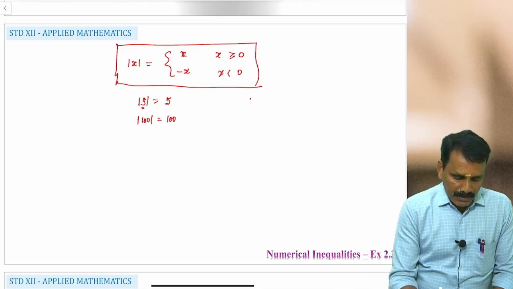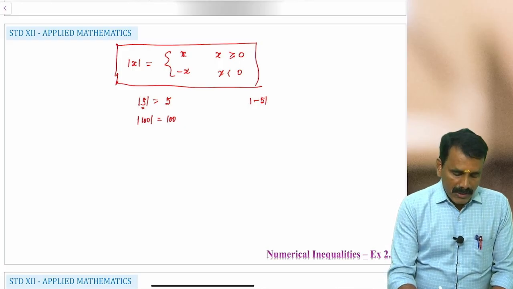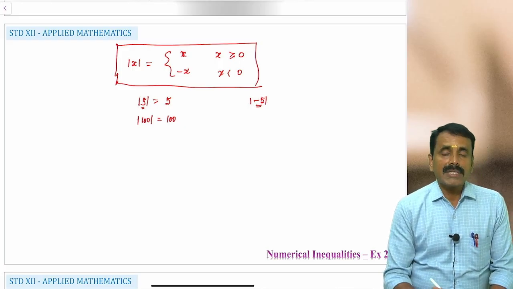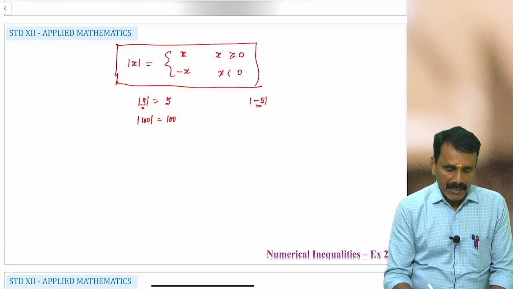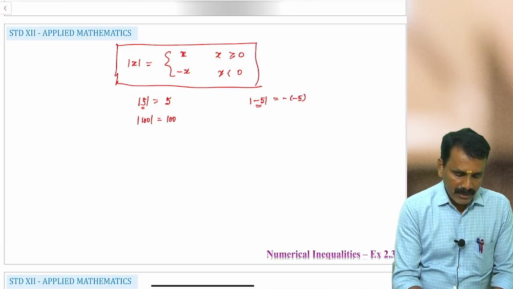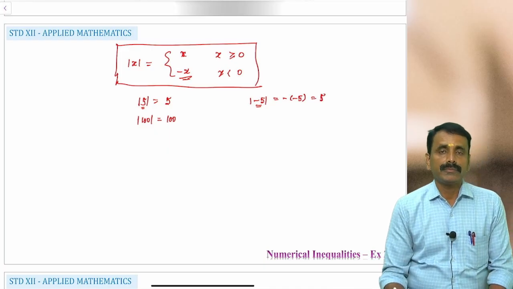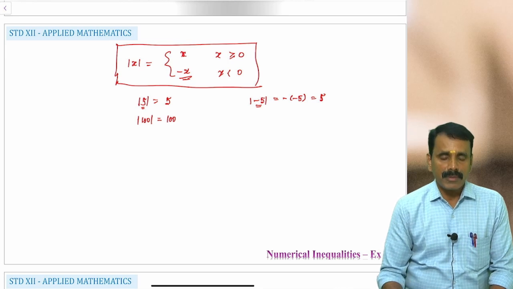What happens when it is minus 5? The number inside the modulus is negative, which is less than 0. So, we multiply this minus 5 with another minus symbol. So, it is minus of minus 5 by this rule, which converts it to positive. That is how the negative number inside the modulus symbol is converted to a positive number.